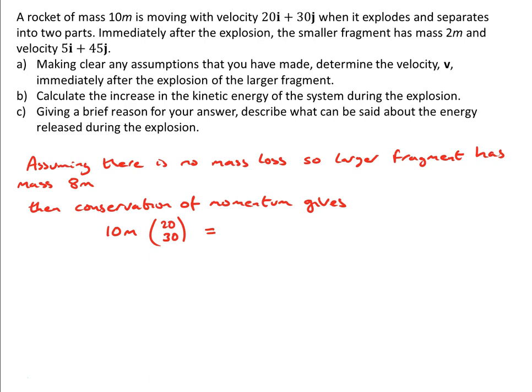So that is 2m times the vector (5, 45) plus 8m times the velocity of the larger portion, which is the vector v.